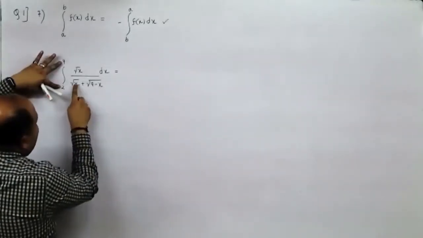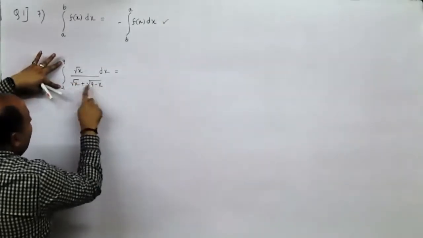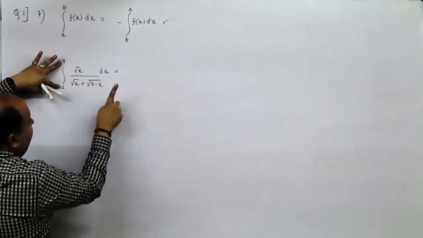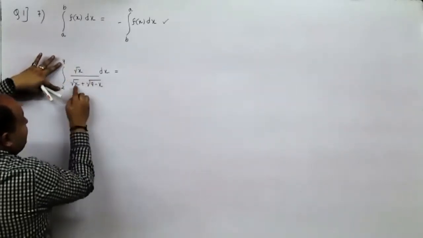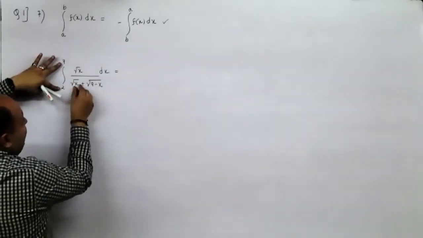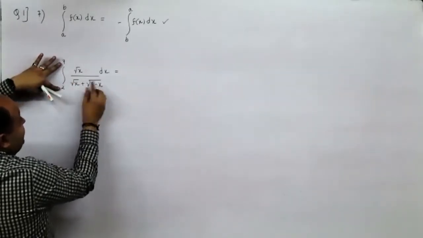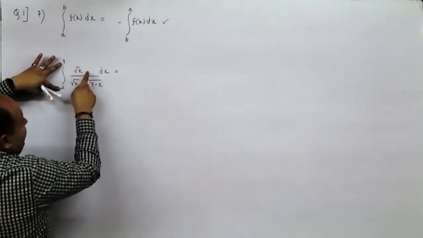If I replace x with 9 minus x and 9 minus x with x, the denominator remains the same. This would become 9 minus x.